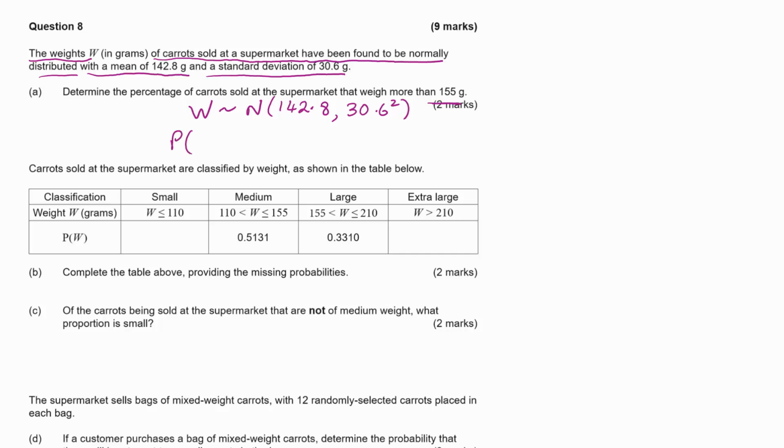So we're just after the probability of W being greater than 155.